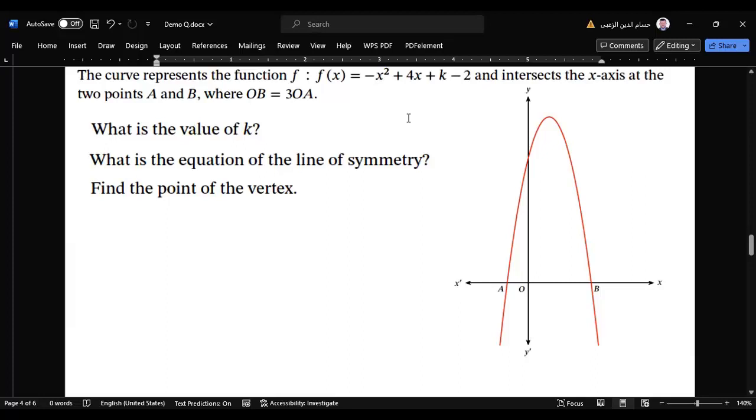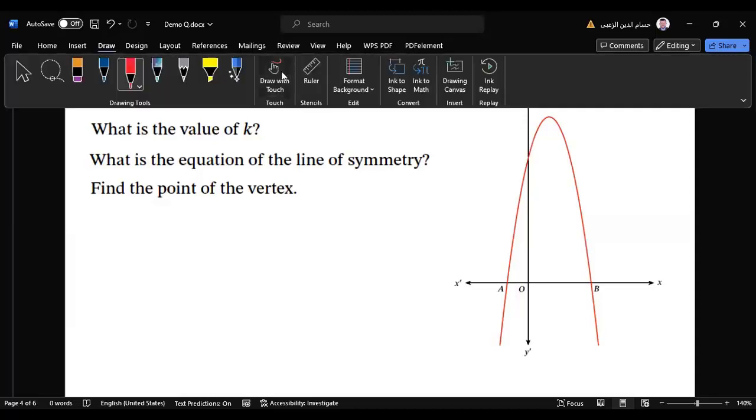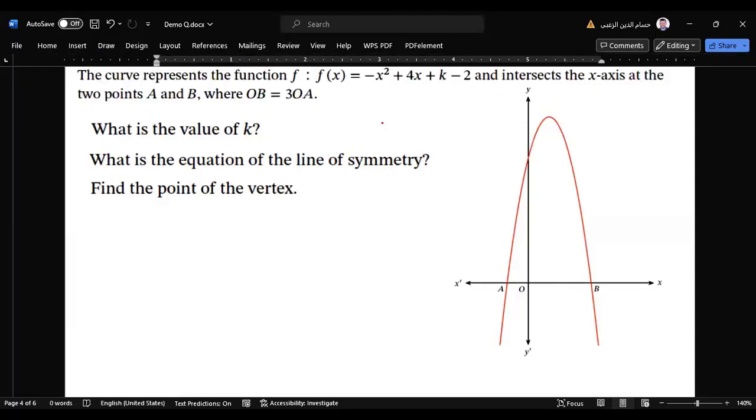And he says also OB equals 3 OA. So if this distance is x, the point here is negative x and 0, and this is 3x. So this point will be 3x and 0.